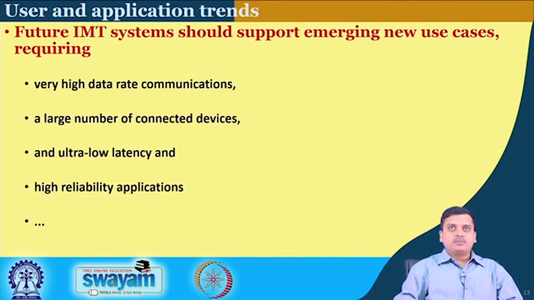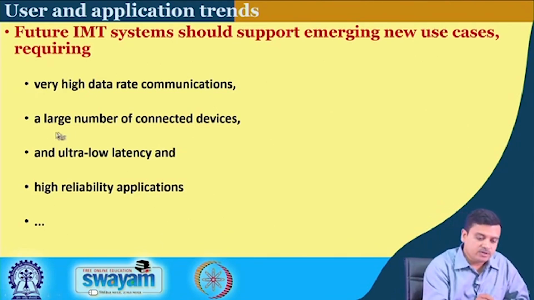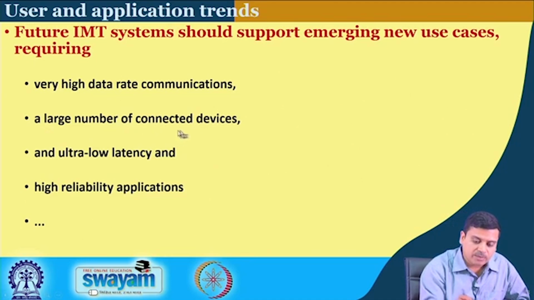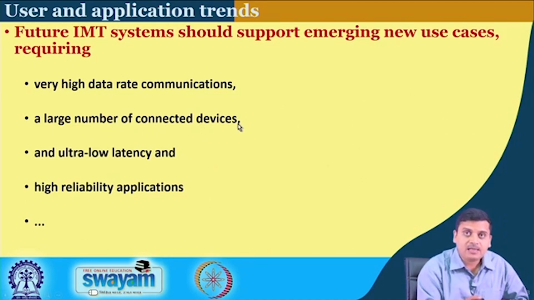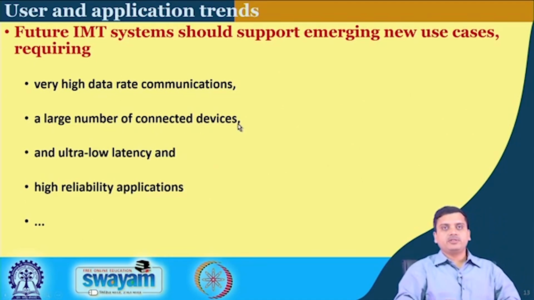Future IMT systems should support emerging new use cases requiring very high data rates. We were talking about the scenarios, and we will later see the details. They are also required to support a large number of connected devices. As we have gone through in the previous few lectures, the requirements are evolving.